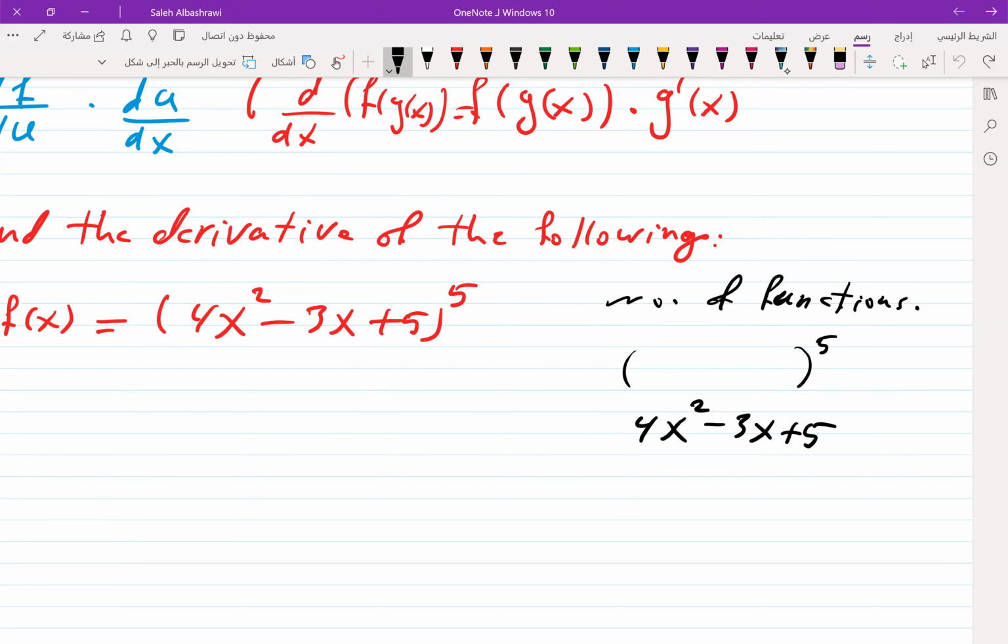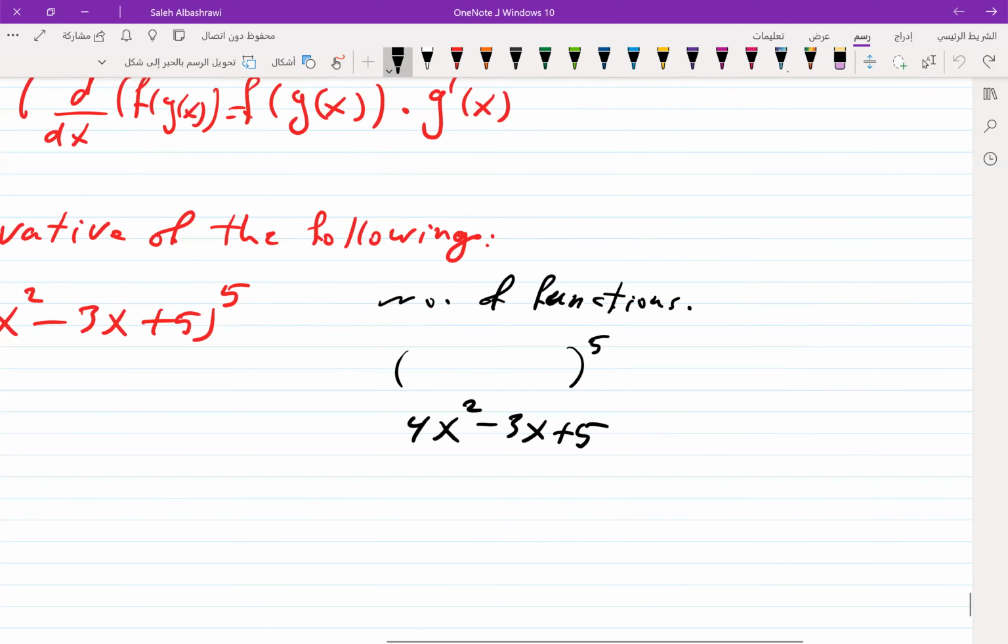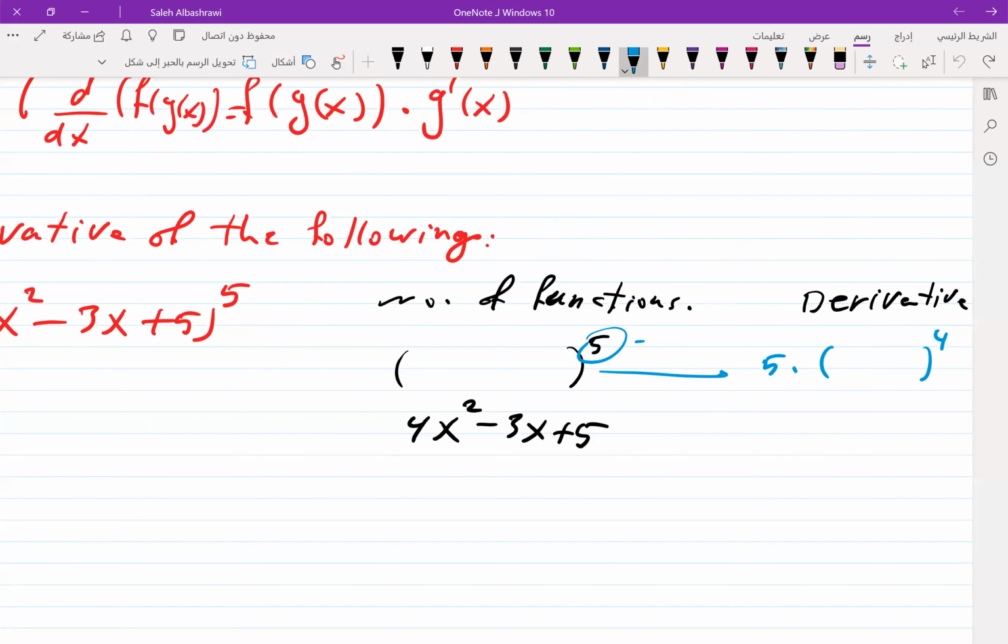Keep this in mind: if I have two functions, then when we apply the chain rule, I will have two derivatives. Let's find the derivative here. The derivative of the power by the power rule is 5 multiplied by the bracket to power 4, as you know, it is minus 1.